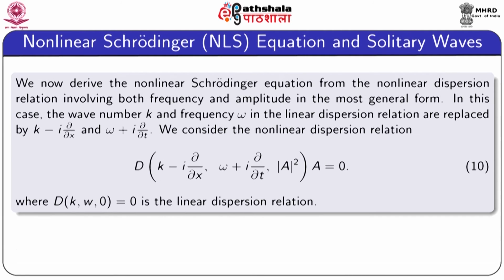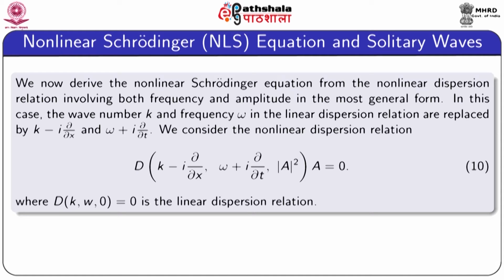Now, we want to derive the nonlinear Schrodinger's equation starting from the dispersion relation. Suppose the linear dispersion relation is given by D(k, ω) = 0, where k is the wave number, ω is the frequency, and 0 stands for there being no nonlinear term, nonlinearity is 0.